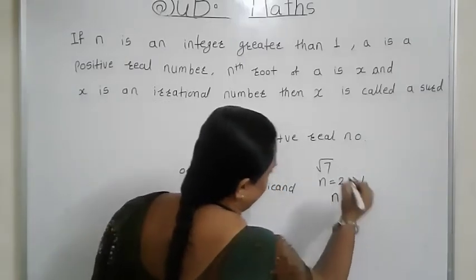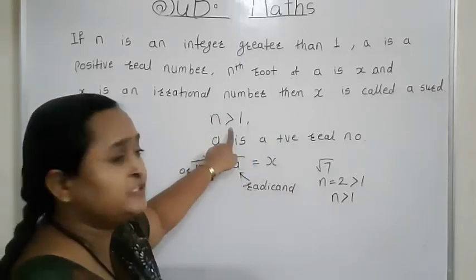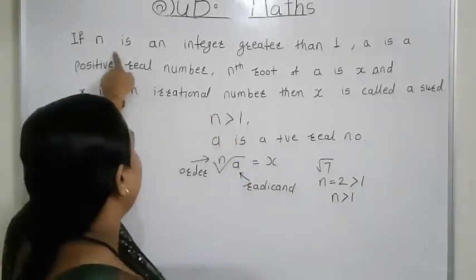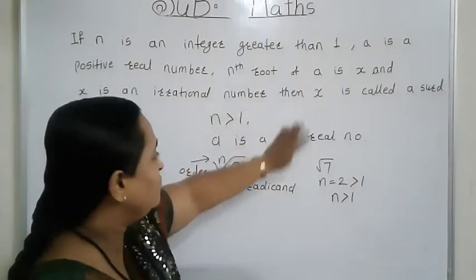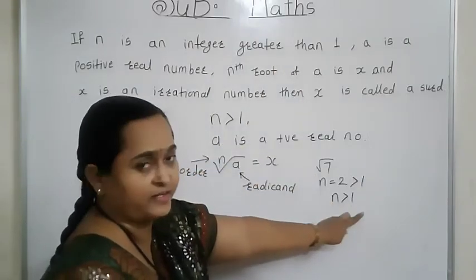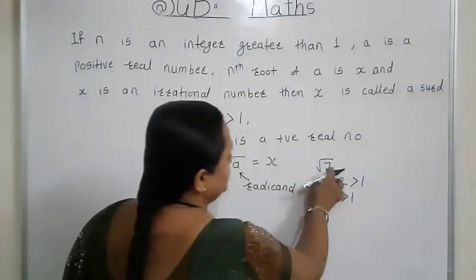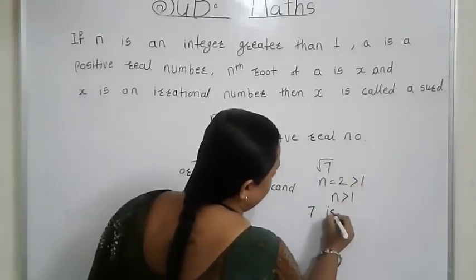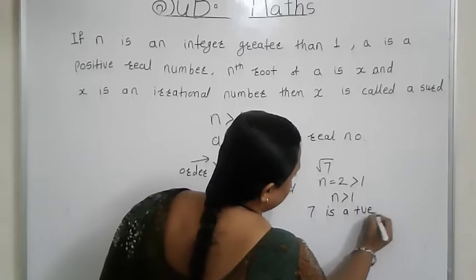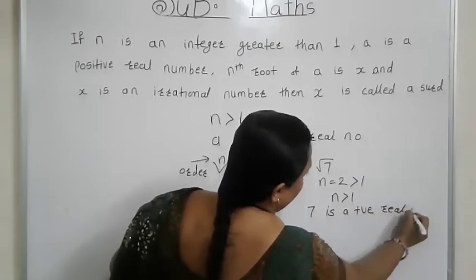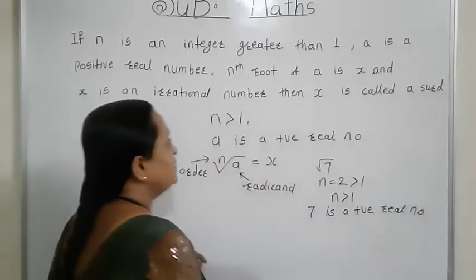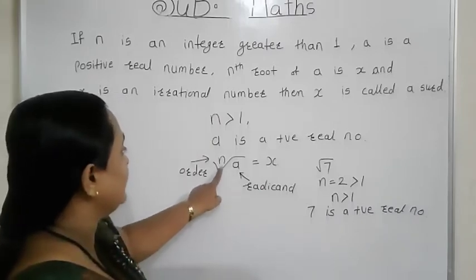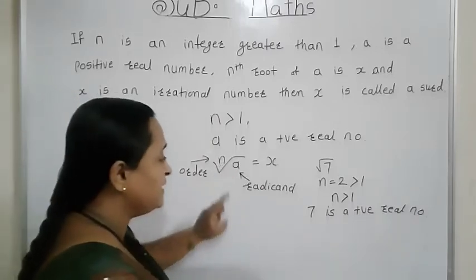Now the first condition is satisfied, that n is an integer greater than 1. Now second, this is the radicand, this is a. A is a positive real number, which means 7 is a positive real number.